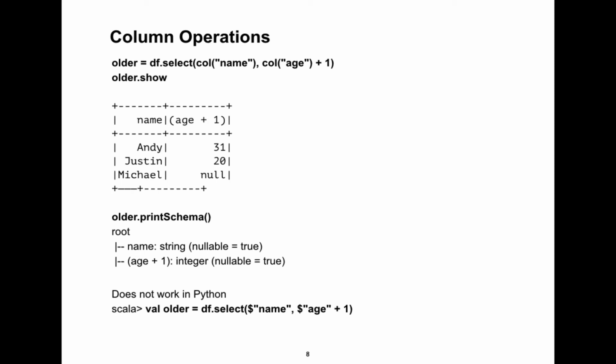And of course, Scala has some shortcuts we can take, which we can't do in Python. So here, I have to call the column function and add one. In Scala, I can just say here's a column name and do this operation on it.